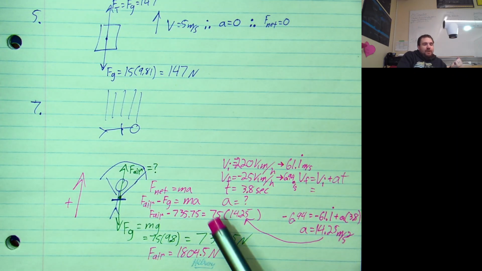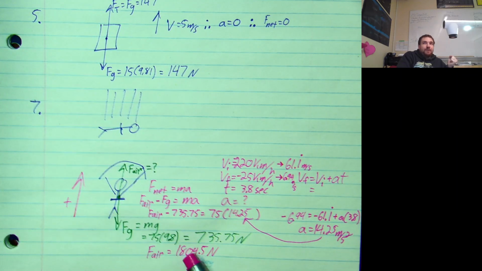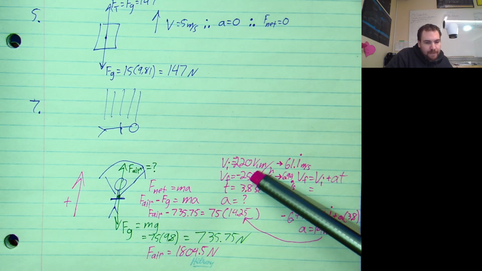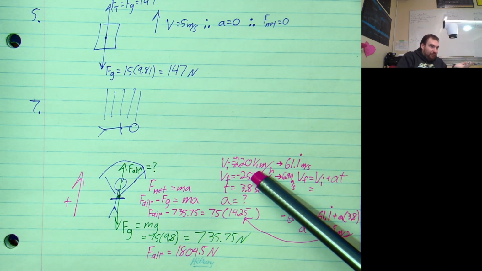Okay. So this is the force of air resistance required to slow this person down. But does a skydiver ever reach zero velocity before they hit the ground? No, they never stop. They never hang in the air for a little while. That'd be weird.